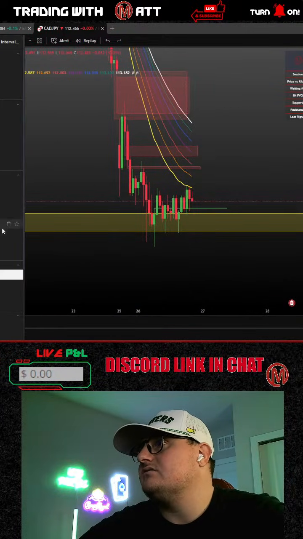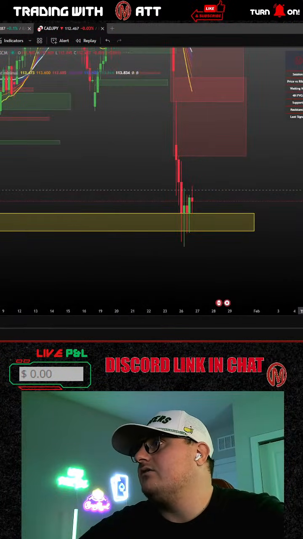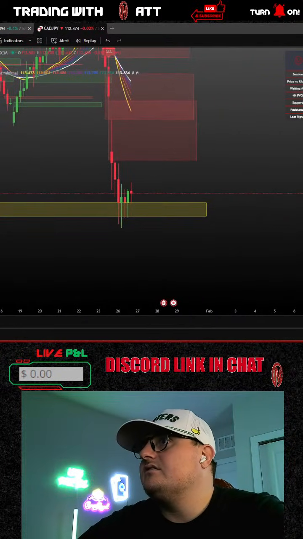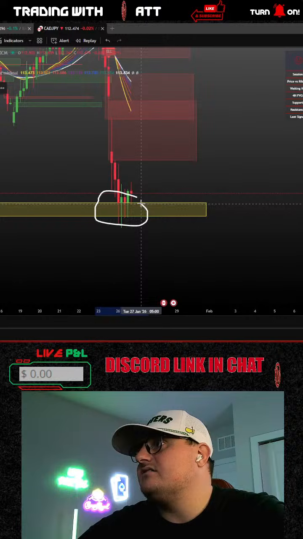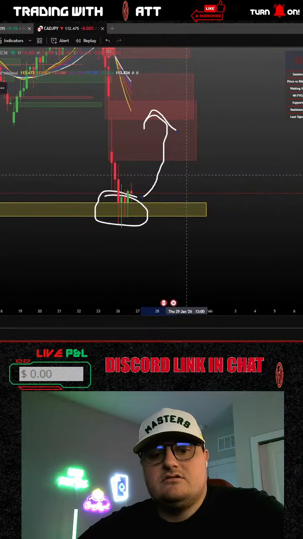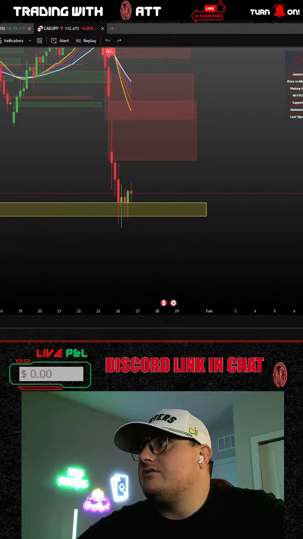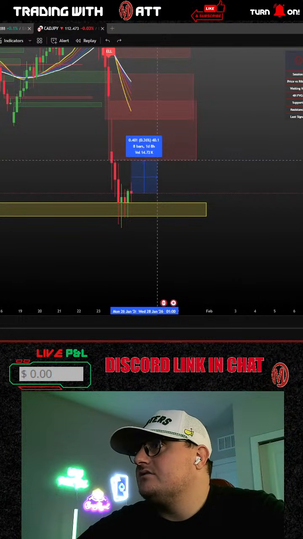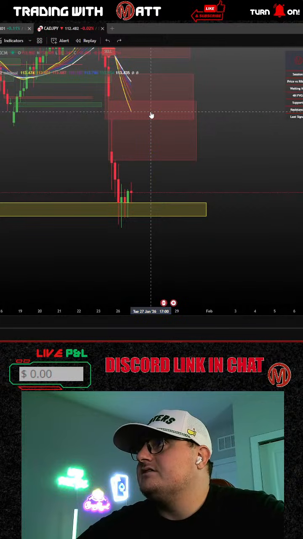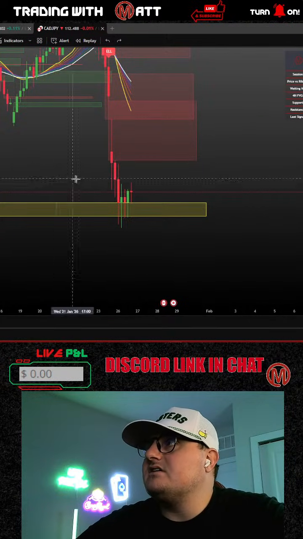The 1 hour looks a little shitty, but the 4 hour, you have got room there. The 4 hour, look at all this consolidation out of support. You've got room to grow. You've got a lot of room to grow here. 40 pips to the nearest fair value gap, and then another 99 pips to the EMA ribbon.